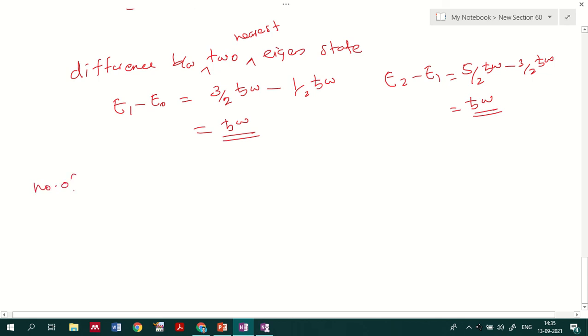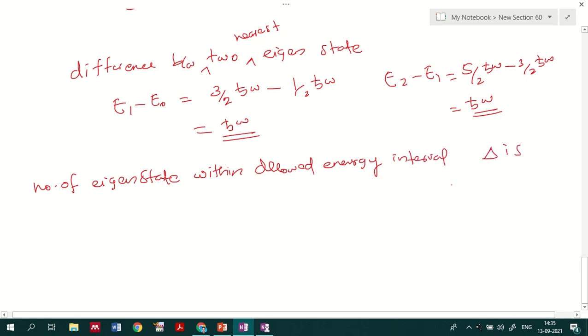The number of eigenstates within the allowed energy interval delta, in that case the number of microstates will be delta by h cross omega.